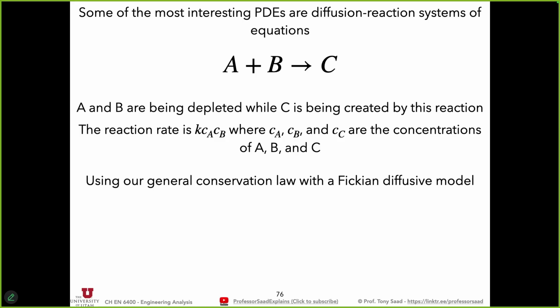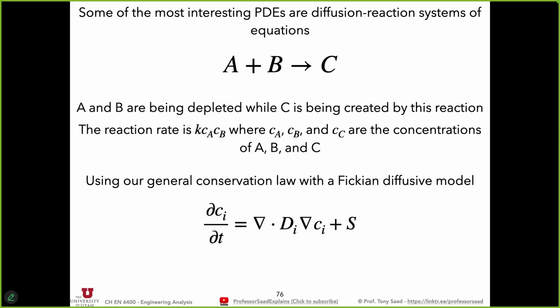Now, using our general conservation law with a Fickian diffusion model for these reactions, it would look like this in general 3 dimensions. The rate of change of the concentration for any of the species A, B, and C is div D grad C. Because this is a reaction system, I don't call it K anymore. K is more for heat transfer diffusivity. D is when you're talking about reactions and mass transfer.